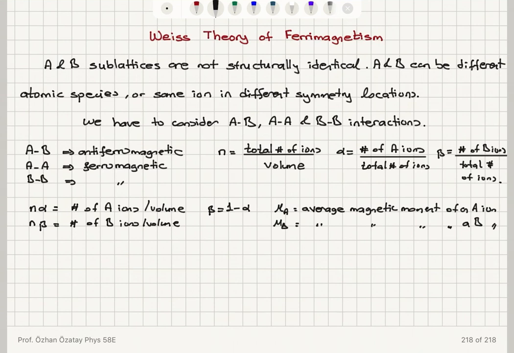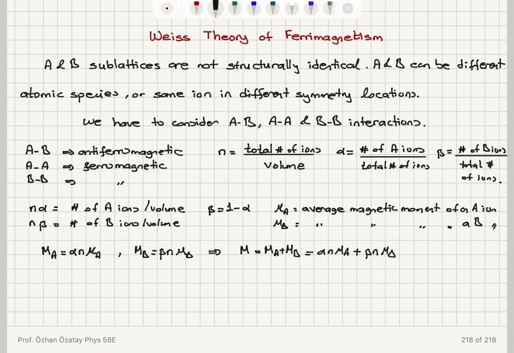So with that, the magnetization of the A sublattice is the number of A ions per volume, alpha N, times the magnetic moment per ion, mu sub A. The magnetization of the B sublattice will be beta N mu B, and the total magnetization M will be MA plus MB, which is alpha N mu A plus beta N mu B.